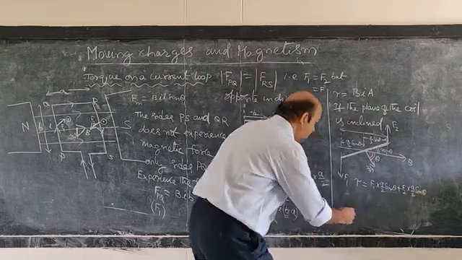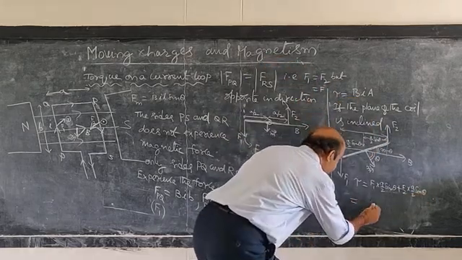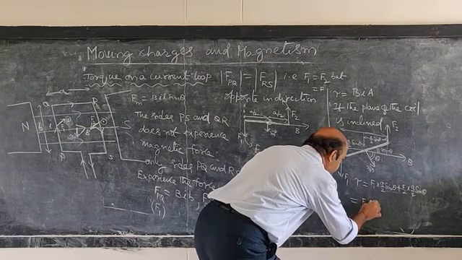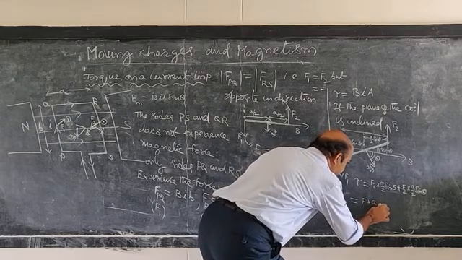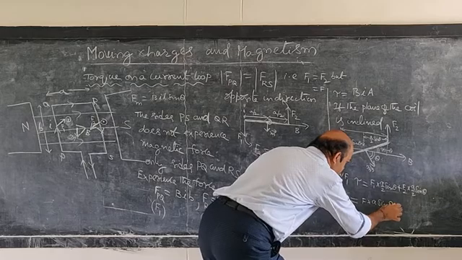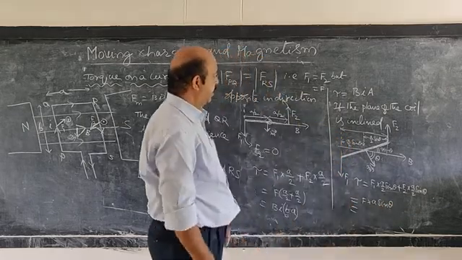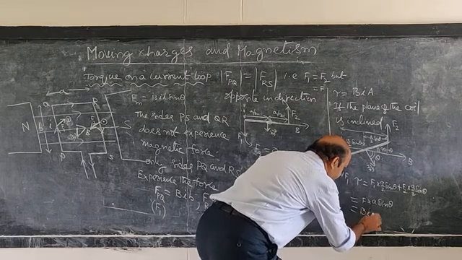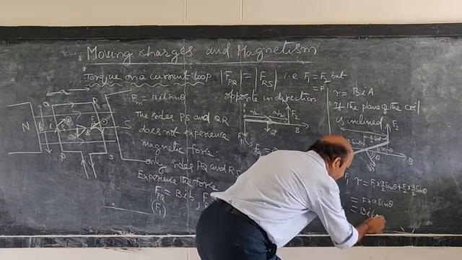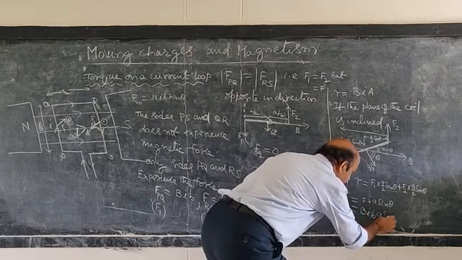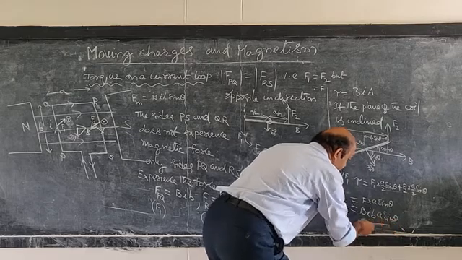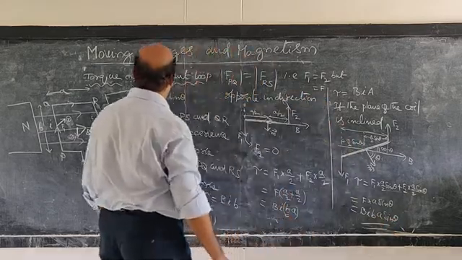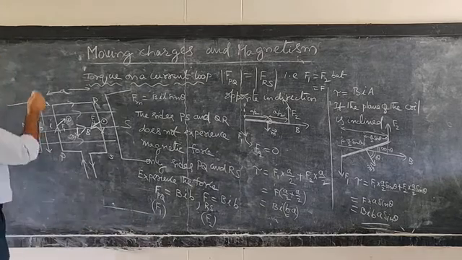So that is equal to F into A sin theta. But what is your F? F is capital B, the current, length of the coil, small b into sin theta. So I can write like this.